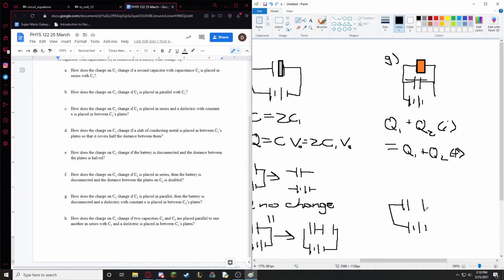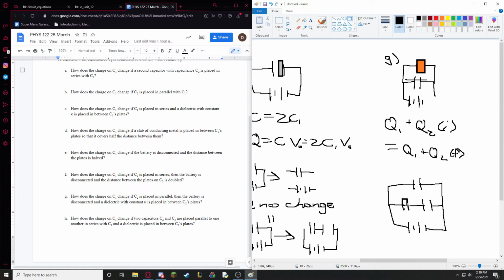This is C1, then we're going to have C2 here, then we'll have C3 up here. And we're going to place our dielectric in between C1's plates. And we're not going to disconnect the battery, because the reason this problem up here was so annoying is because we disconnected the battery.